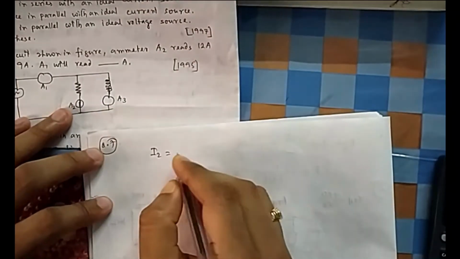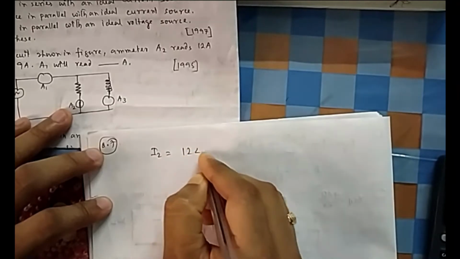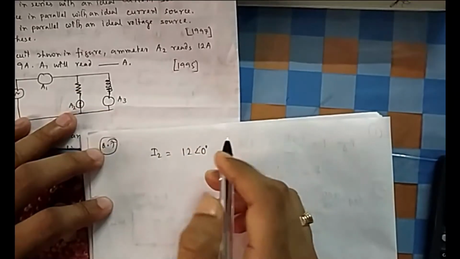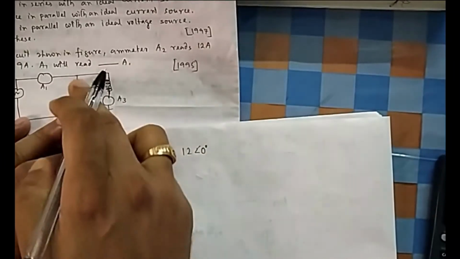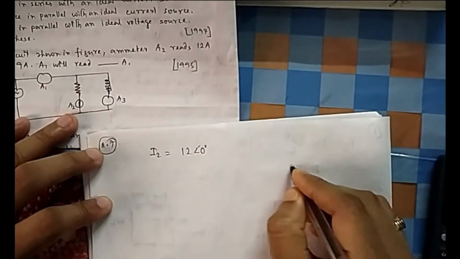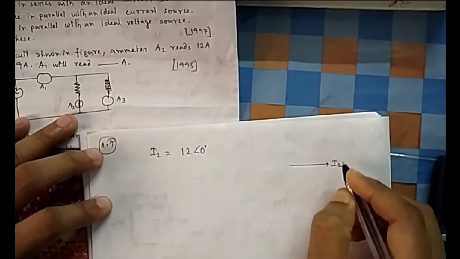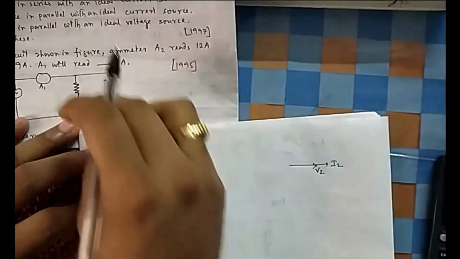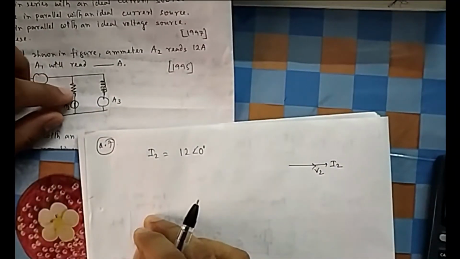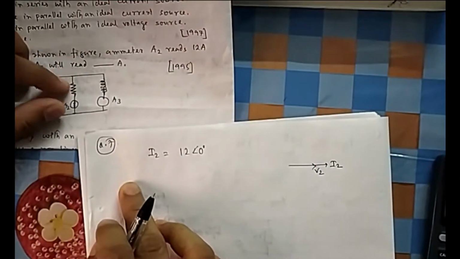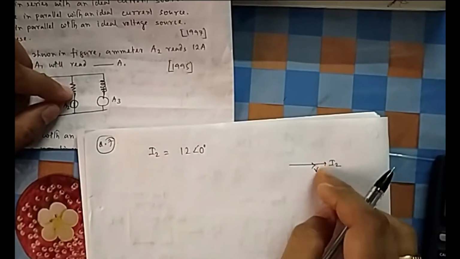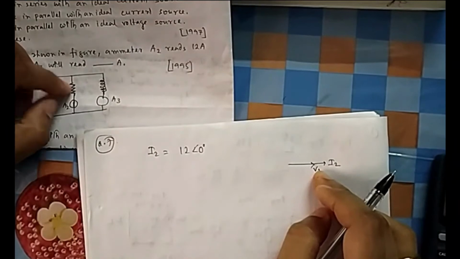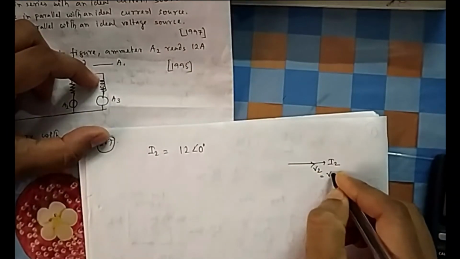If I take this current as the reference current, that is in phasor I give it 0 angle, then if I draw the phasor diagram, this will be my I2. Obviously V2 will also be in this direction, because in a resistance the current and voltage are in the same phase, there is no angle between them. This voltage appears across the inductance and the resistance, so V3 will also be here.